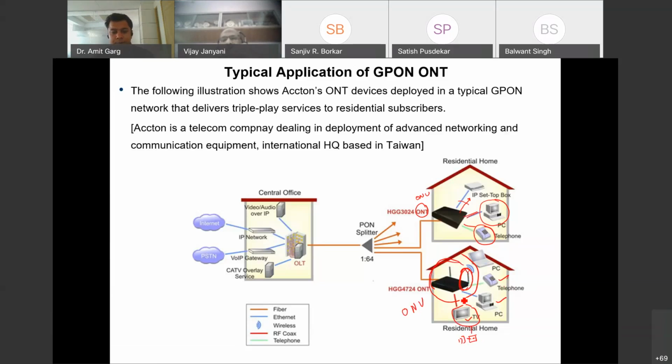So that Wi-Fi signal is received from here. For telephone also, you can have an application on mobiles, and that application can be used to access the ONU, and then you can dial numbers directly from your mobile. And PC, of course, is wireless.